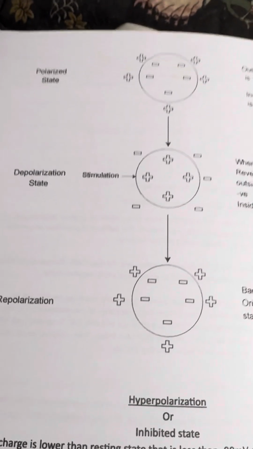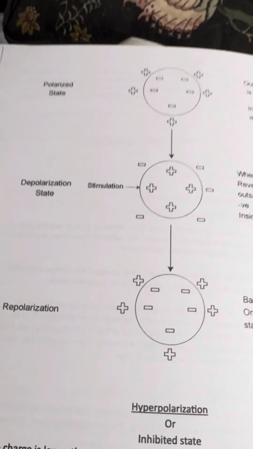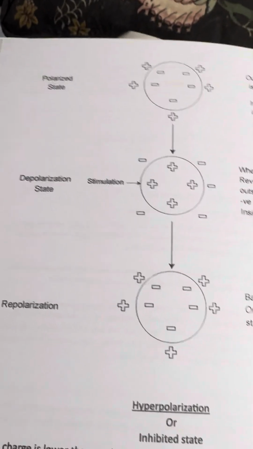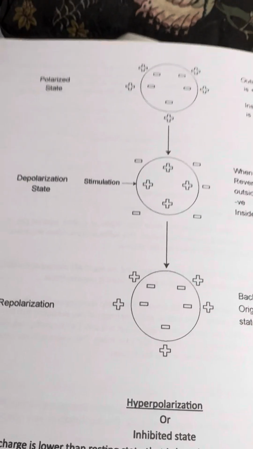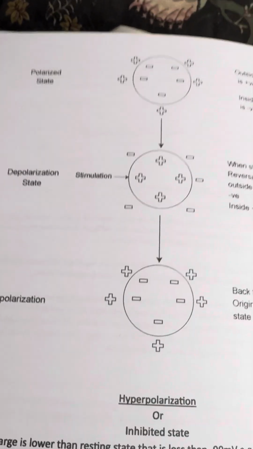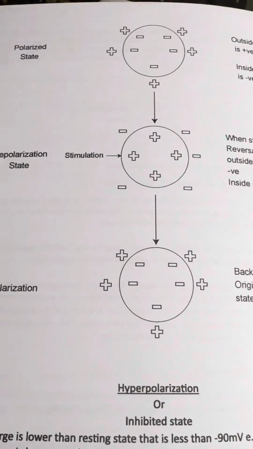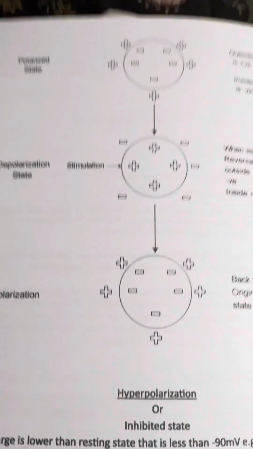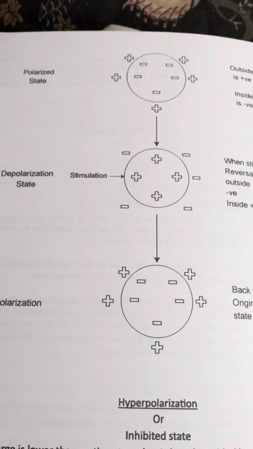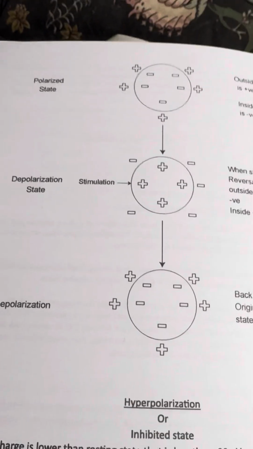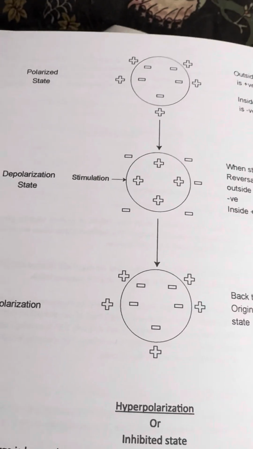And when it is triggered, the stimulus will remain static in the same place, but the wave of depolarization will travel from one end to another. So, what is a stimulus? A stimulus is the triggering mechanism to cause depolarization. An impulse is a traveling wave of depolarization from one point to another.